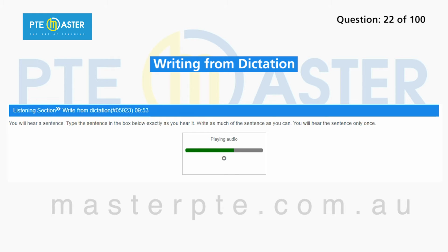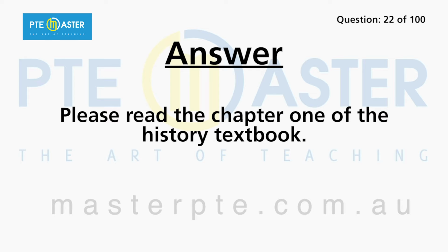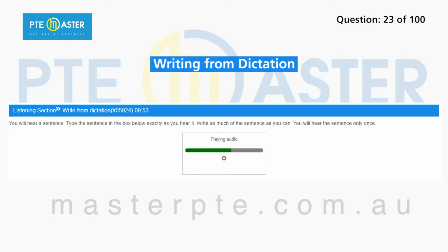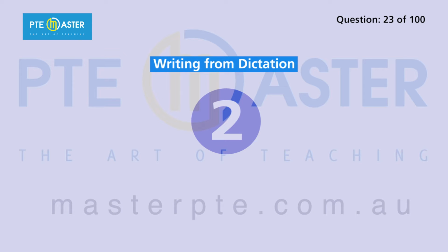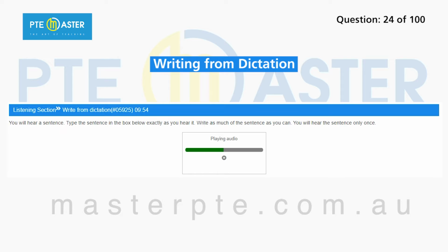Please read the Chapter 1 of the history textbook. Students and staff will automatically become a member in their library. This is a compulsory course, so make sure you attend.